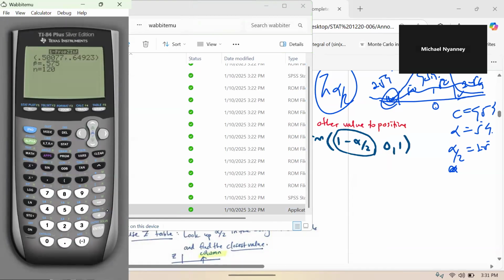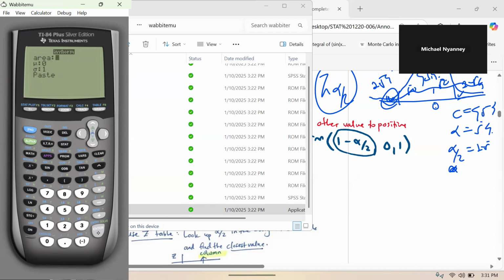Okay, so when you hit, let's clear everything here. So if you hit the distribution, so second, then you hit vars, then you go to inverse, the third one, the inverse norm. So you choose that, it will tell you the area is alpha over 2. Since you are dealing with z, always mu is 0, sigma is 1, then you paste your answer. So what you're going to change is the area.